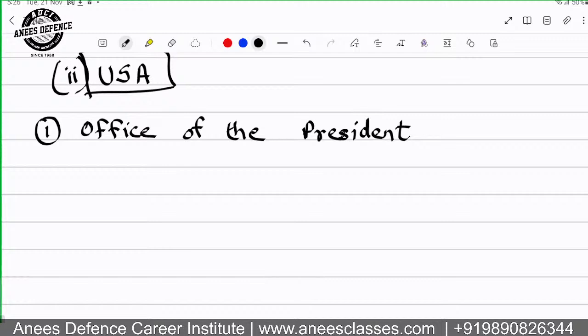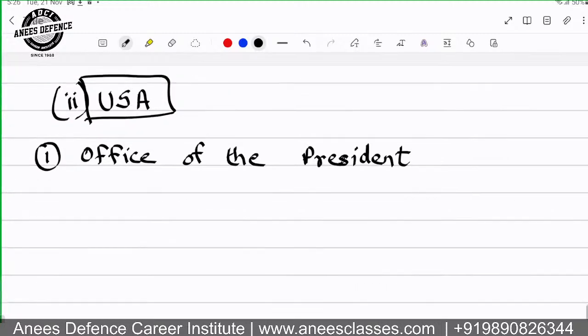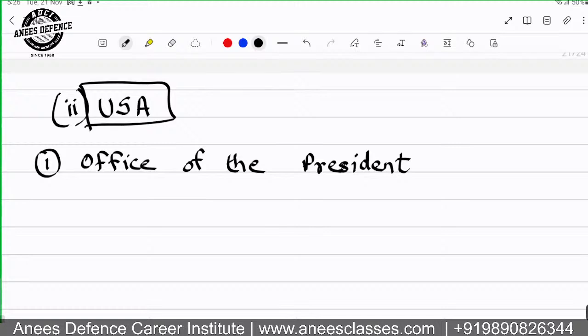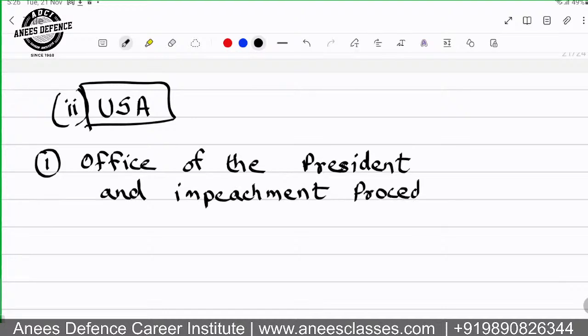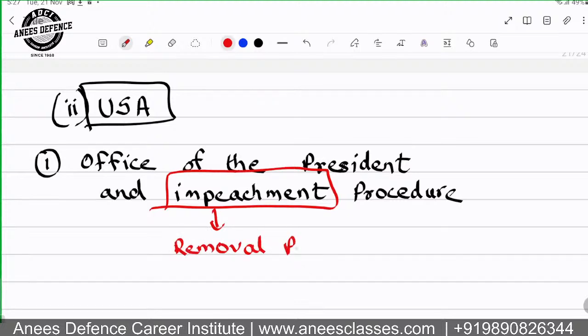The government of India is headed by the Prime Minister, who is responsible to the Council of Ministers. Office of the President, then impeachment procedure. Impeachment procedure means removal process.